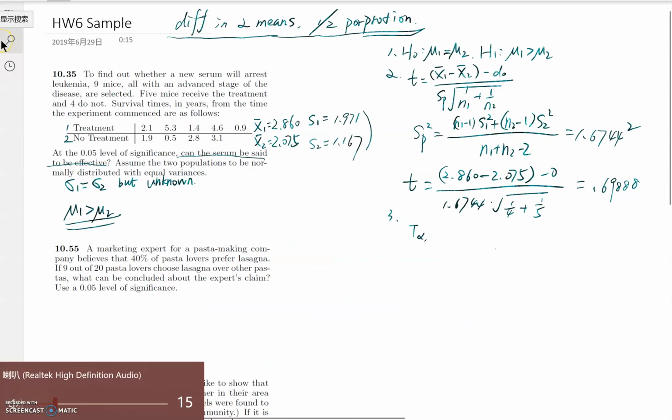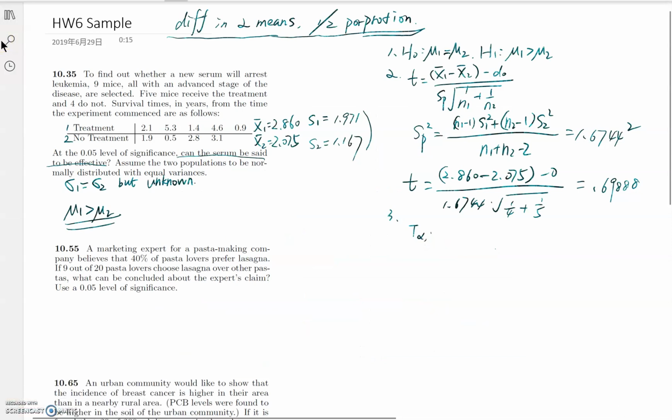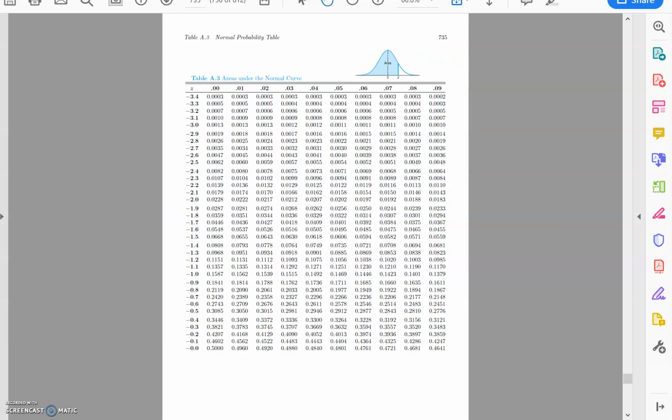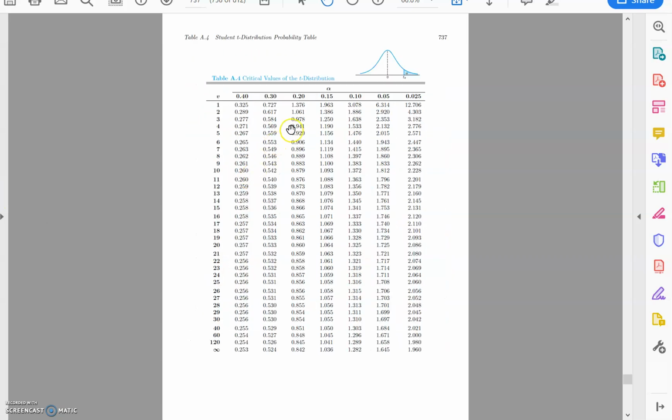Here T alpha has n1 plus n2 minus 2 degrees of freedom, that is t 0.05 with 7 degrees of freedom.